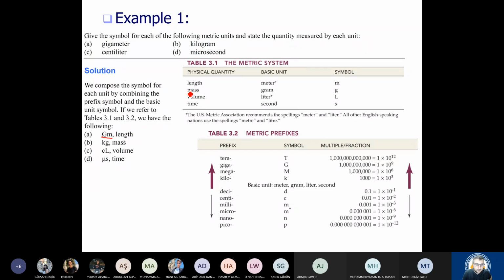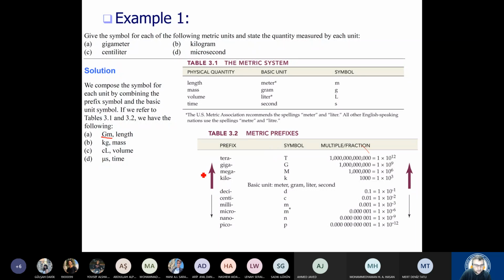If you look at the metric system, as I said before, for length we use meter, for mass we use gram, for volume we use liter, and for time we use second. When you are going up, kilo is 10 to 3, mega is 10 to 6, giga is 10 to 9, tera is 10 to 12.